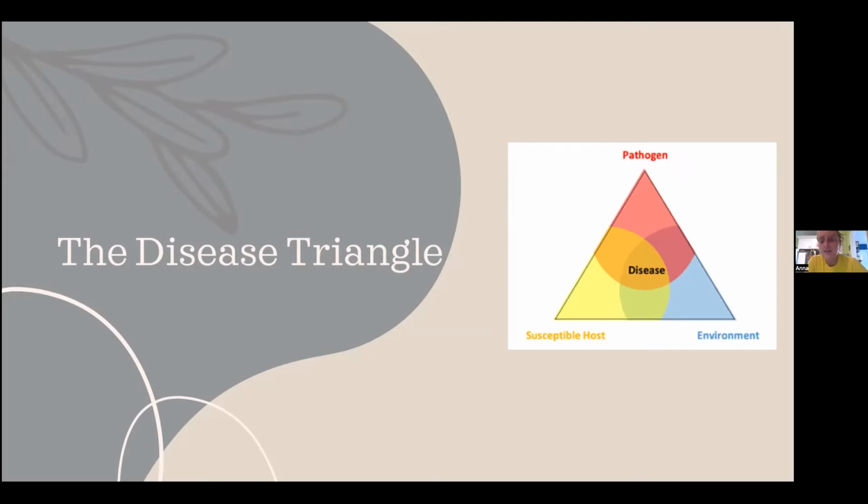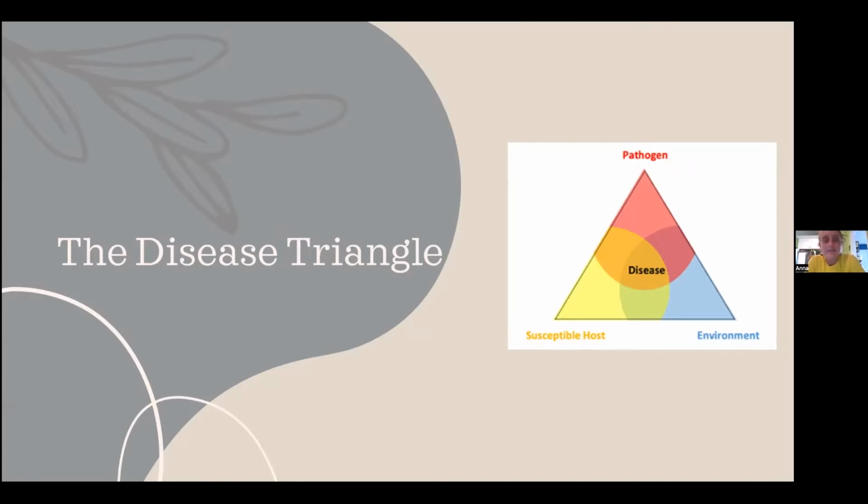So what plants are you growing and what can infect them? Pathogens. There's a lot of different kinds of pathogens. We'll cover a little bit about that in the next couple of slides. But if the pathogens, say the bacteria, the virus, the nematode, are not in the environment where you are growing your crop or your plants, then you're not going to have that disease, right? So if you don't have the pathogen, there's no disease. And then lastly, environment.